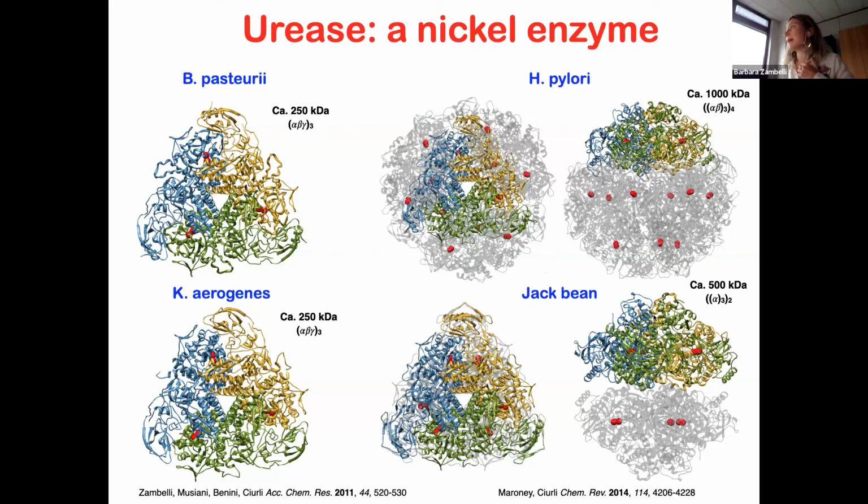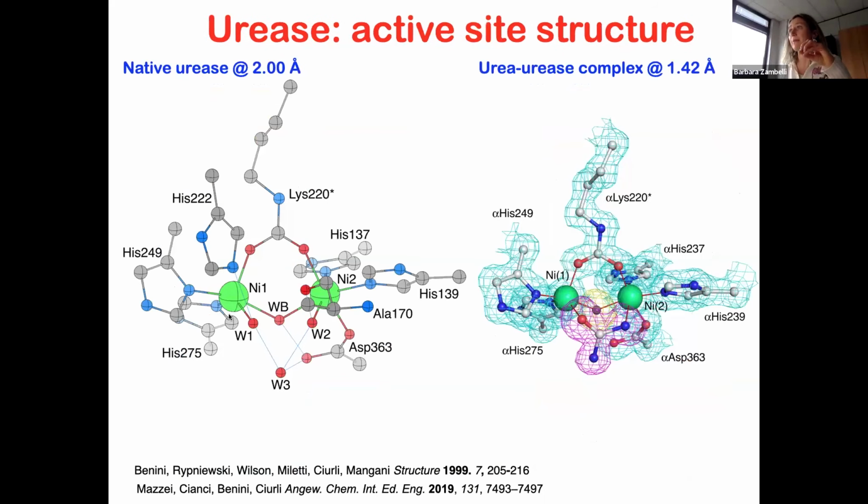In plants, the alpha, beta, gamma subunits are fused in a single protein, and the protein is a hexamer of this. But in all cases, the active site is contained in the alpha subunit and is made of 2 nickel ions bridged by a carbamylated lysine and by a hydroxide ion. In the active site there are 3 other molecules that are substituted by the substrate when it binds, while the hydroxide ion is the nucleophile for the hydrolysis reaction.